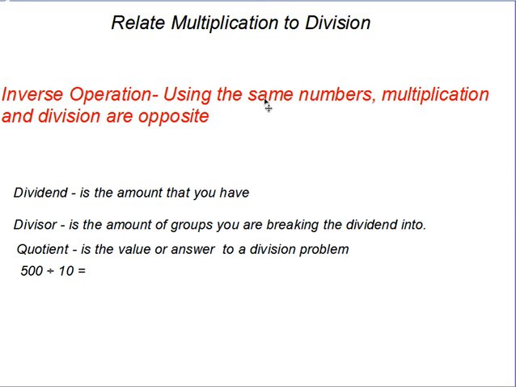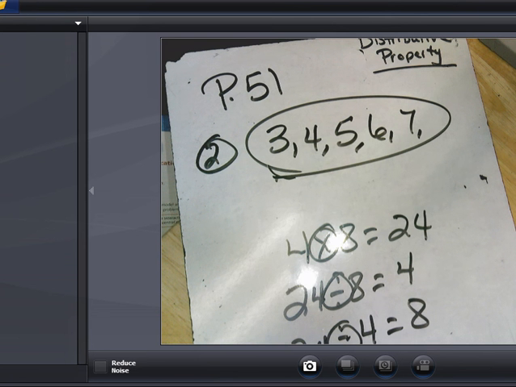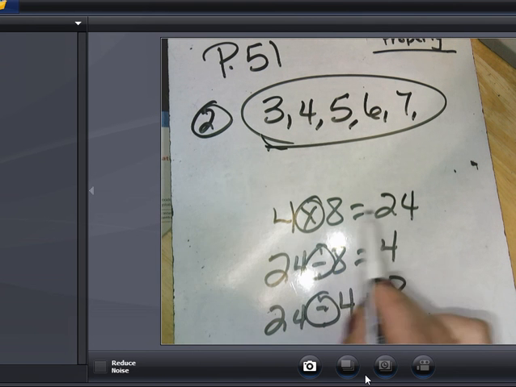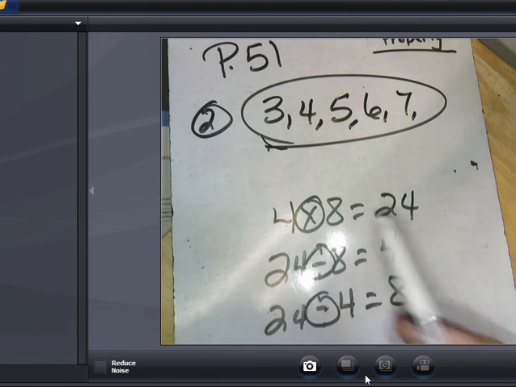The inverse operation is 24 divided by 8 equals 4, or 24 divided by 4 equals 8. So I just did the inverse. Here I'll circle these so that I know. You can put an example of here I did 4 times 8. Now you can see it.